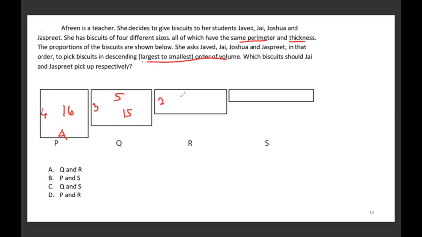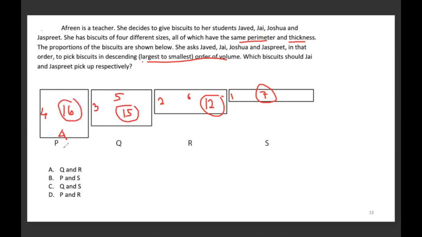Likewise, this will be made up of 2x6, which is a 12 unit area, and S will be a 1x7, which is actually a 7 unit area. Okay, so all of them are actually arranged in descending order only, that way.